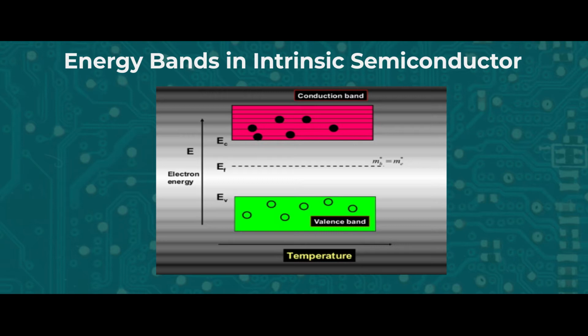And this phenomenon of generation of electron and holes simultaneously in the conduction band and the valence band is called electron-hole pair generation. So this is how the intrinsic semiconductor conducts current at higher temperature, that is when the temperature is raised.